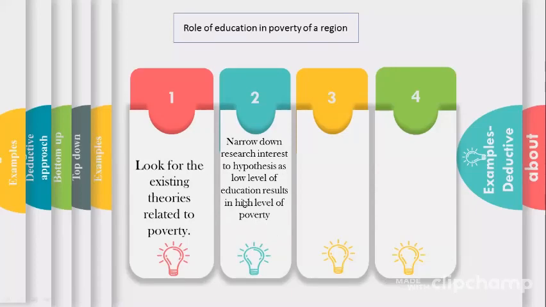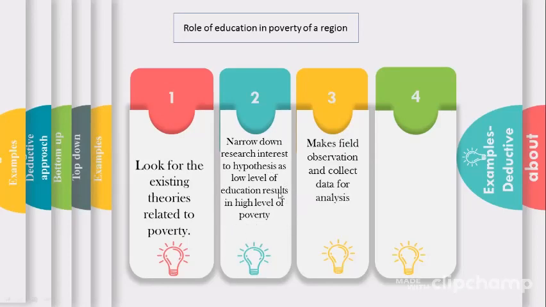Previously, in inductive, the hypothesis was that there is a relation of education with poverty. It did not say what kind of relation, but here the ultimate decision is already made. The decision is the hypothesis: low level of education results in high level of poverty. So this theory is already made.